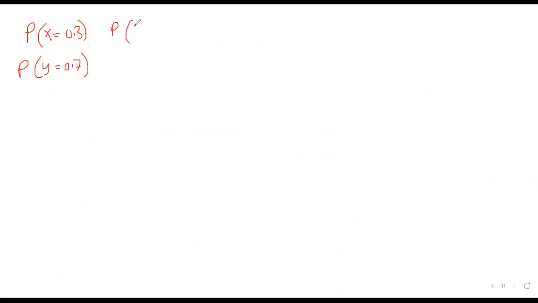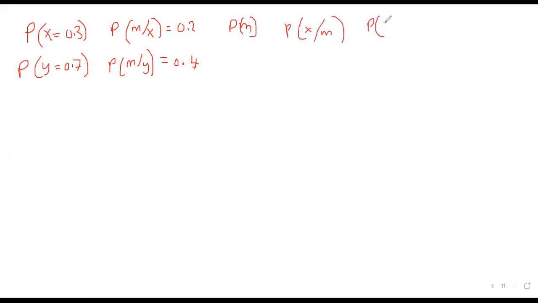Probability of m coming from x, probability of m coming from y, 0.2, 0.4. Can you help me? Let's find the probability of m and probability of x given m, probability of y given m.